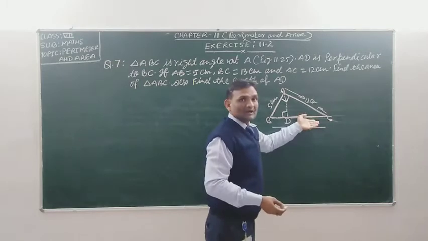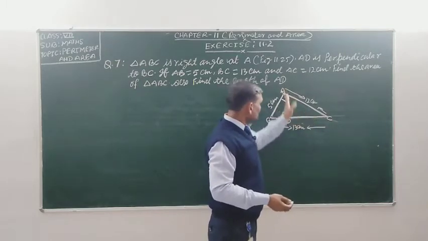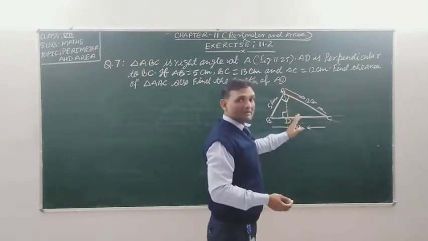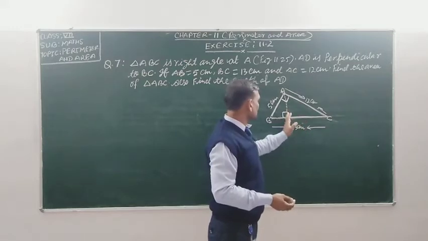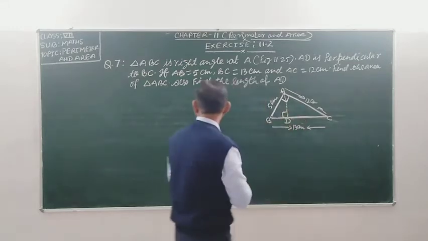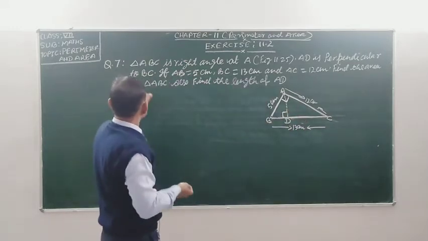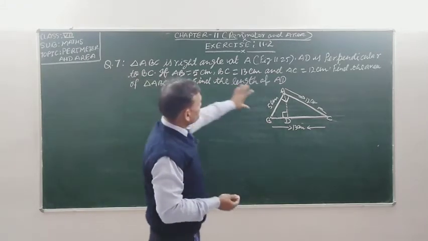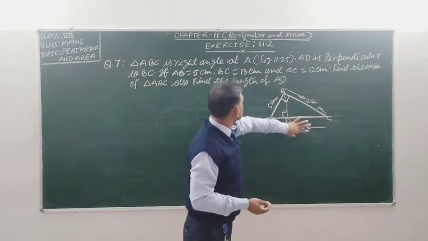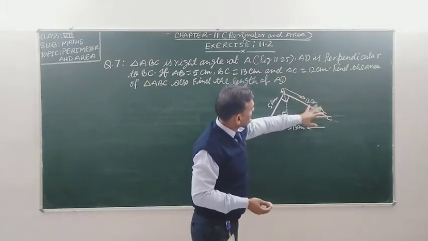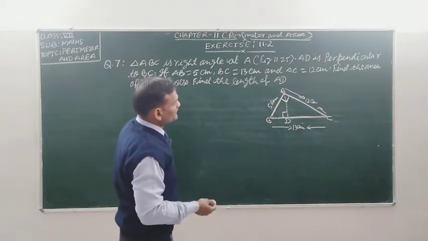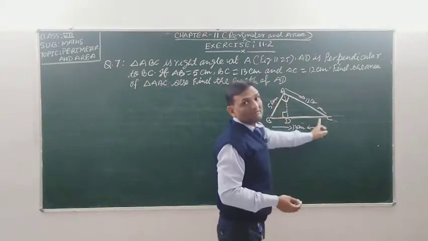If AD is perpendicular, then the perpendicular line makes a 90 degree angle with BC. If AB is equal to 5 centimeter, BC is equal to 13 centimeter, and AC is equal to 12 centimeter, find the area of triangle ABC.